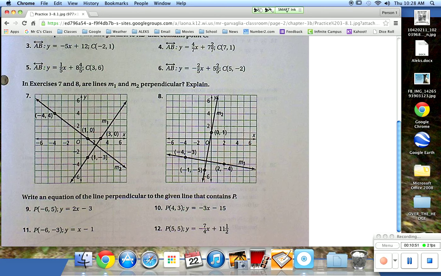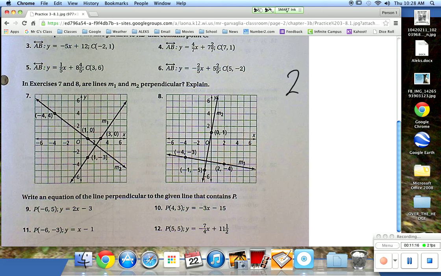So when we go down to this one here, and they say the equation of a line is perpendicular to the point P, what's my slope in this one? 2. So what would my slope be when I put it into the point slope formula, if I want the perpendicular line to it? It'd be negative 1/2.